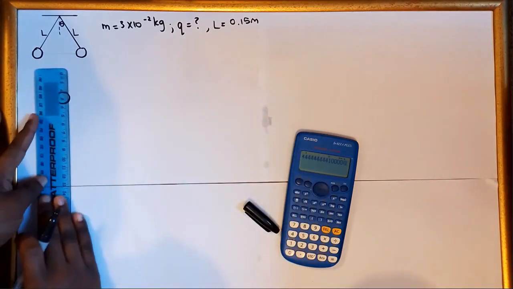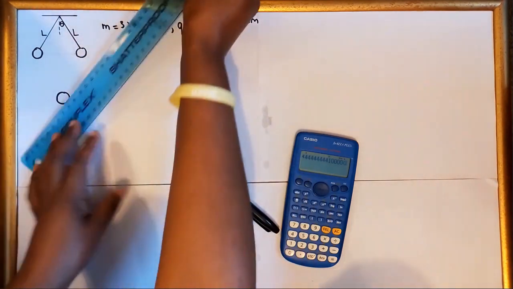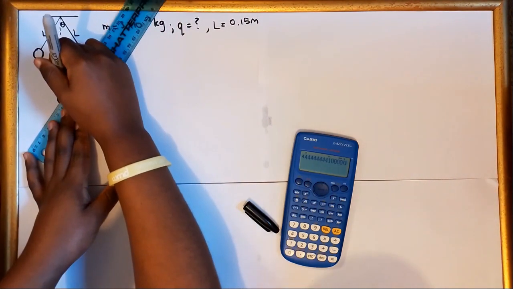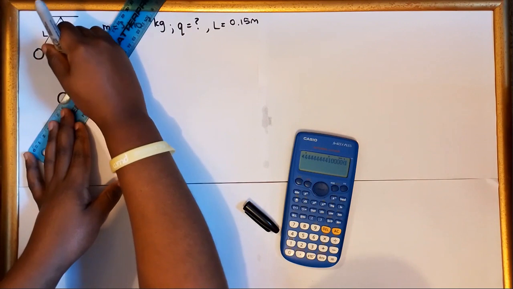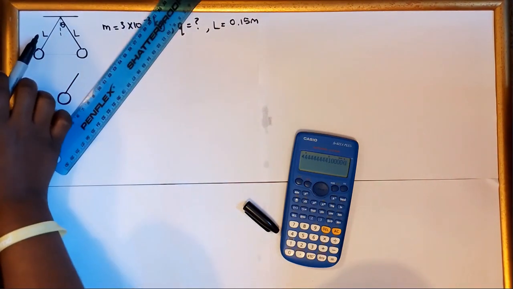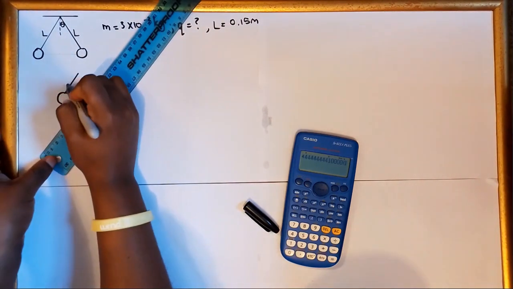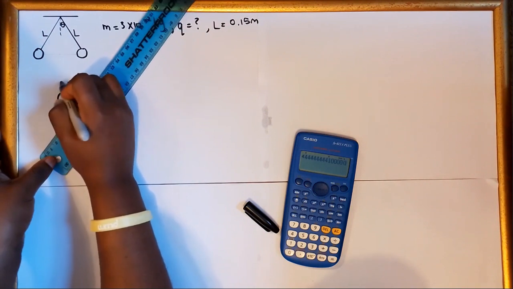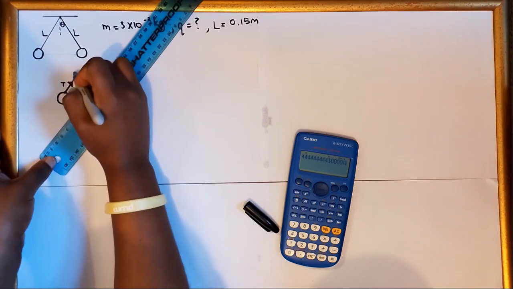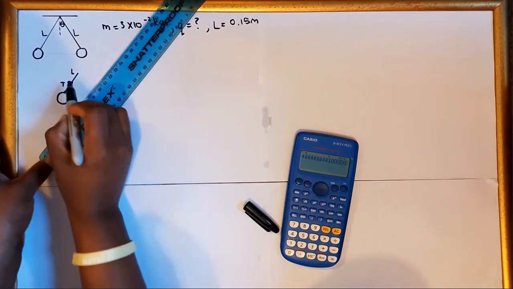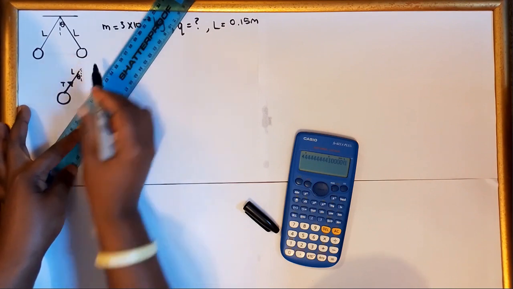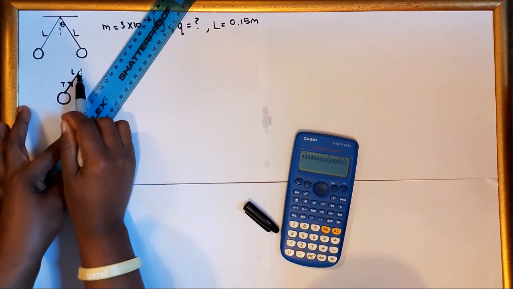And we know that on this sphere there's a tension force resulting from the rope. Okay, and we know that the angle here is theta.